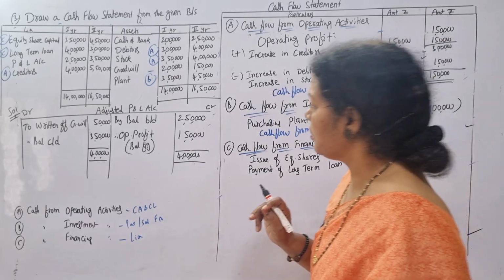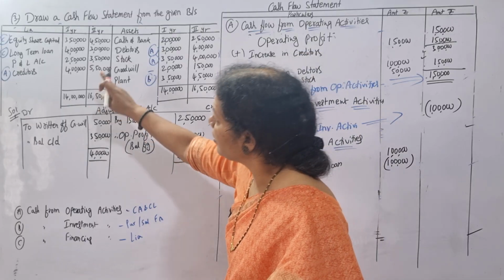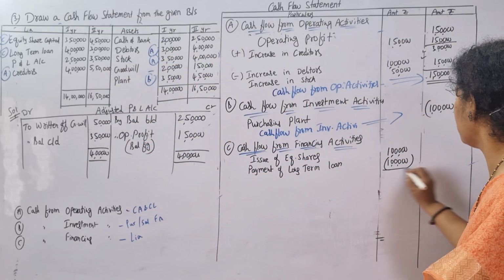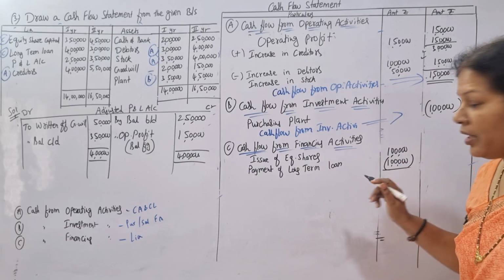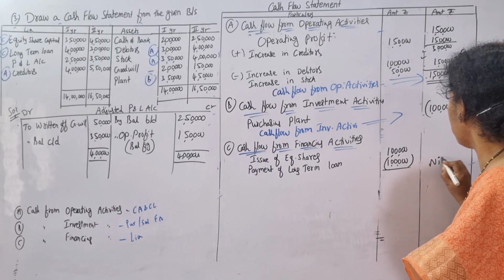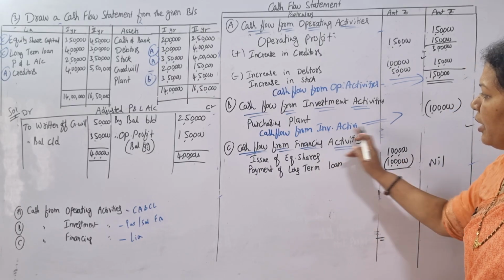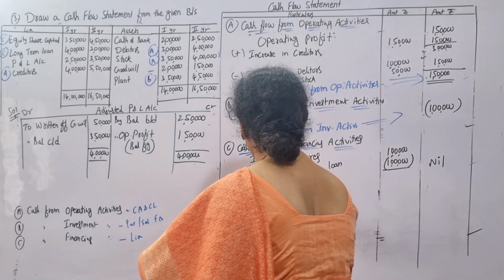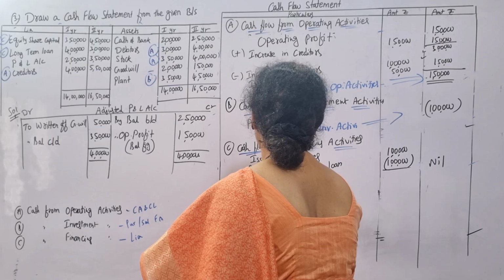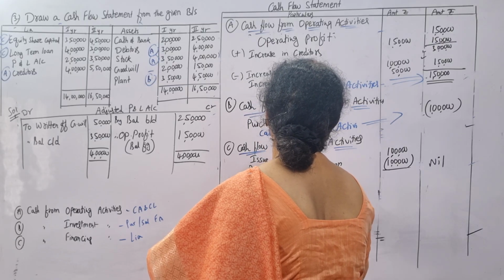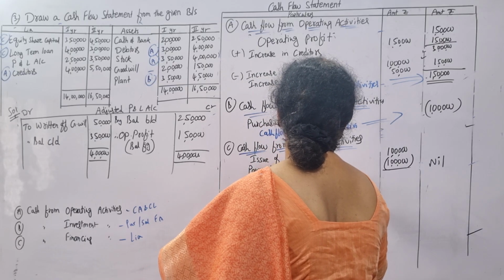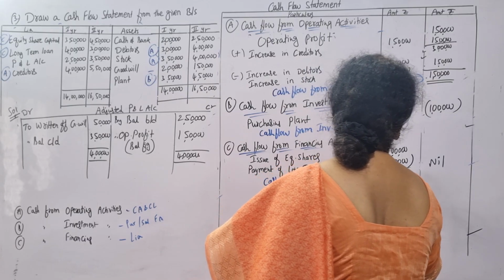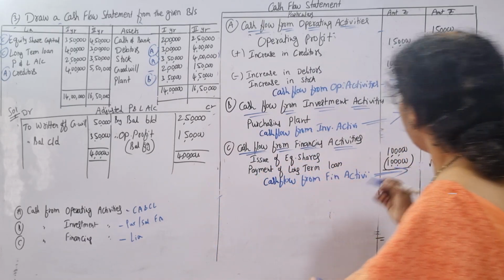Anything else related to financing? That's all. Now we'll close this. 1 lakh minus 1 lakh comes to nil. So nothing is there. Cash flow from financing activities is nil.